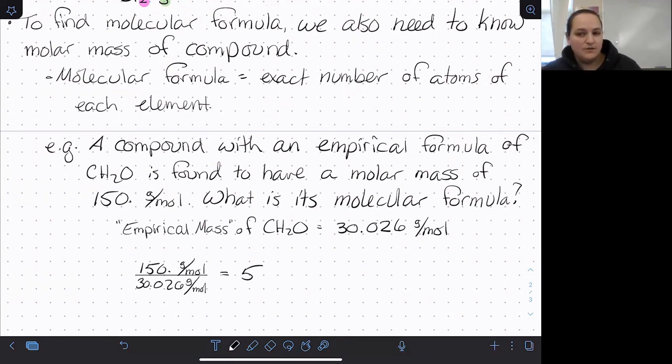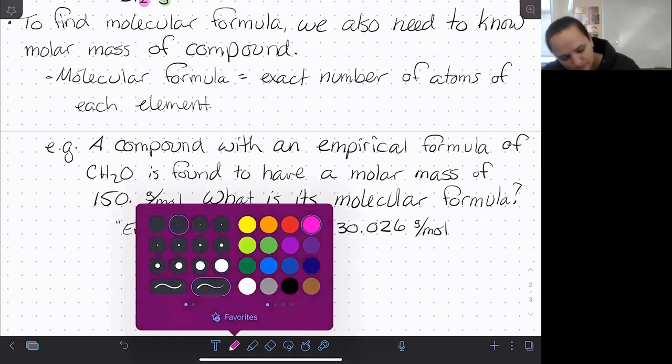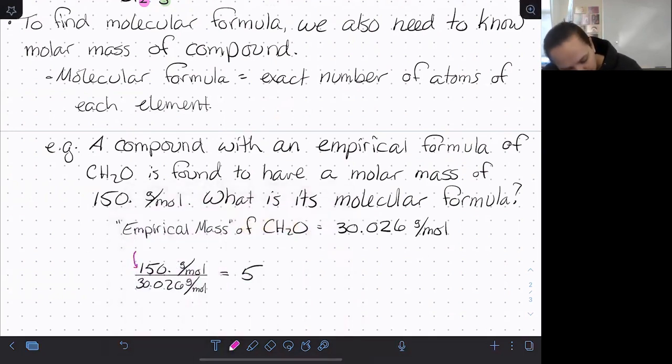Again, you want to be rounding to an integer here, and it should come out close to an integer. So we've got the molar mass, which is the mass of the molecular formula, and we're dividing by the mass of the empirical formula.